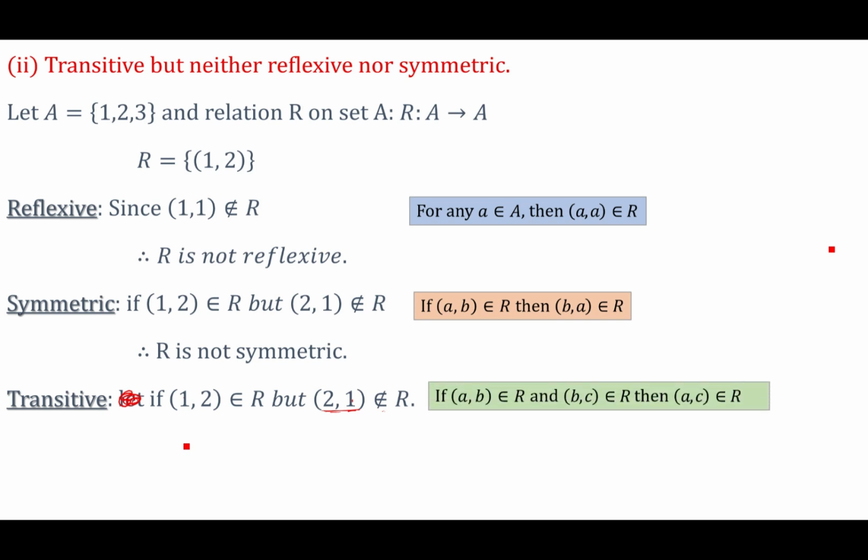This is the normal definition of transitive: if (a, b) belongs to R and (b, c) belongs to R, then (a, c) must belong to R. If (a, b) is there but (b, c) does not belong to R, then I don't need to check (a, c). So no need to check (1, 1). So it is a transitive relation.